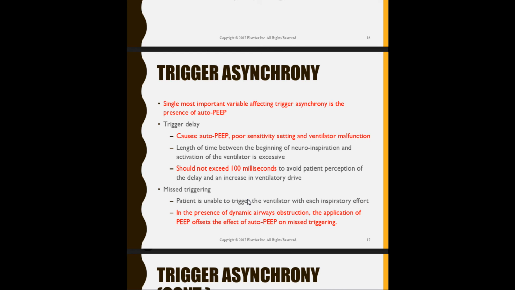Don't think that if I increase the PEEP to match Auto-Peep in any circumstance, it will negate the effect of the Auto-Peep. No, that is incorrect. You have to remember this is dealing with dynamic airways obstruction on missed triggering only. I'm going to say that again. This is dealing with dynamic airways obstruction on missed triggering only.